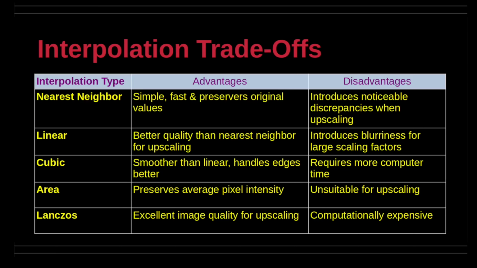Finally, image content. The choice of interpolation method can also depend on the type of image being processed. For example, images with sharp edges might benefit from bicubic interpolation, while images with smooth gradients may be better suited for bilinear interpolation.